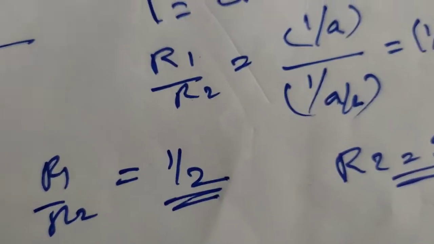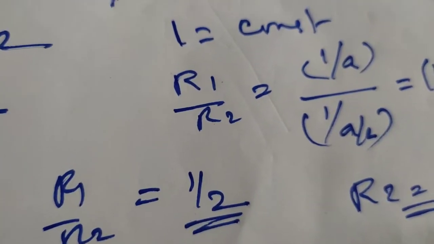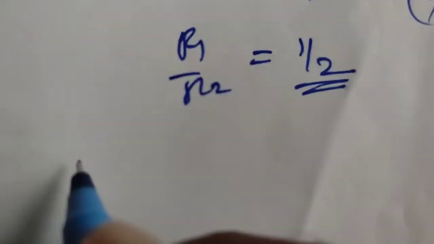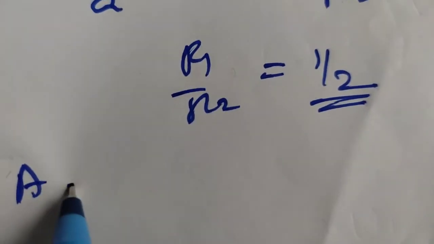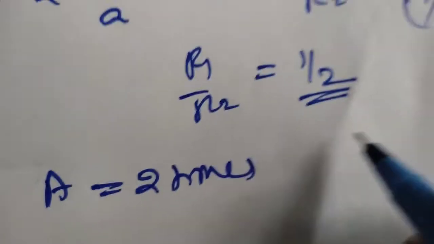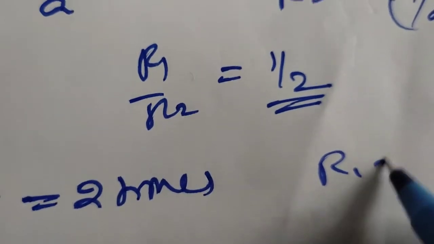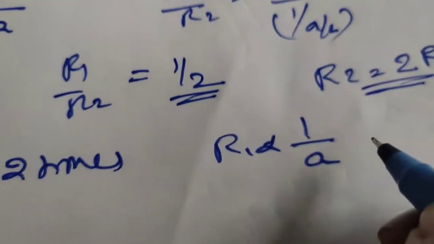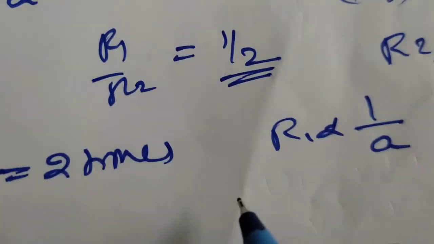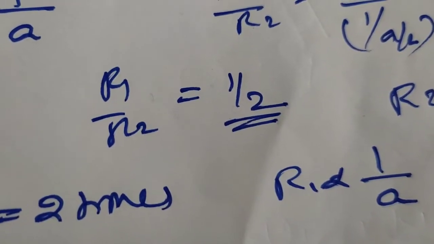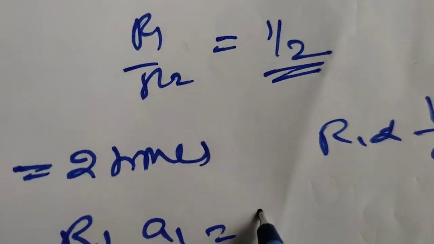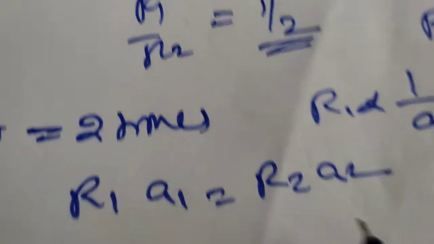So the resistance is inversely proportional to the area. Now we see the area is doubled. Area becomes 2 times. Then R is proportional to 1 by A, or you can easily write R1 A1 equal to R2 A2. Okay, easy to calculate.